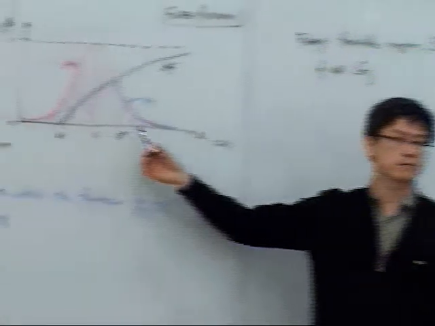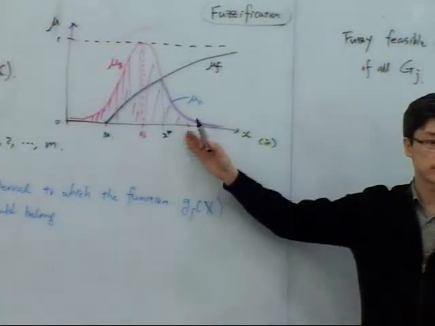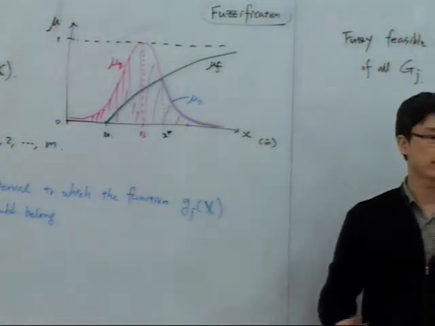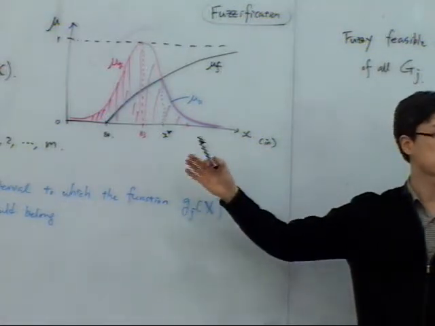You can recognize this graph as your new Venn diagram in your fuzzy set.